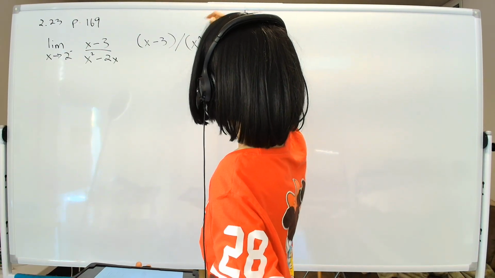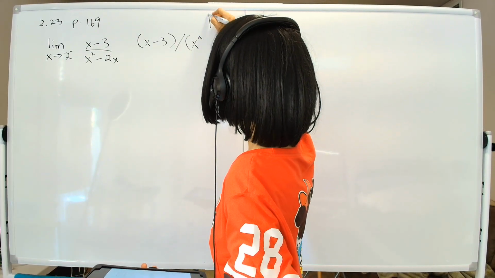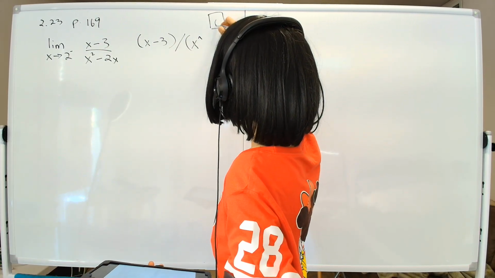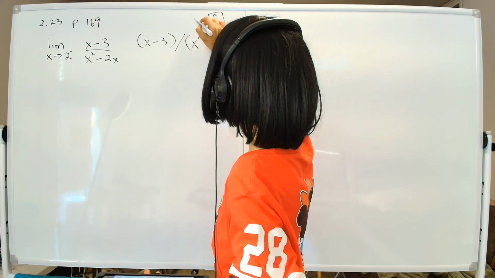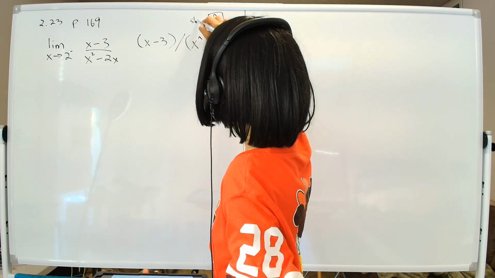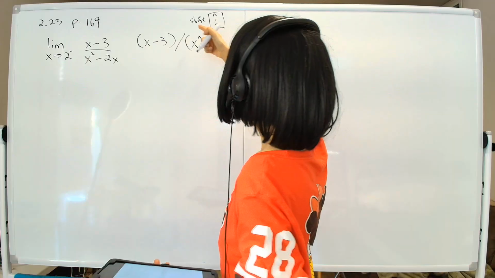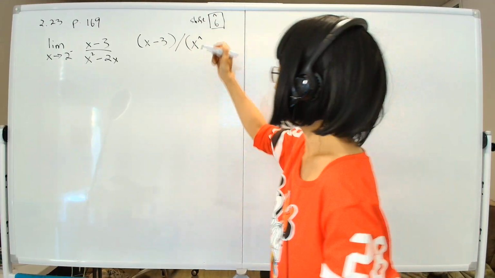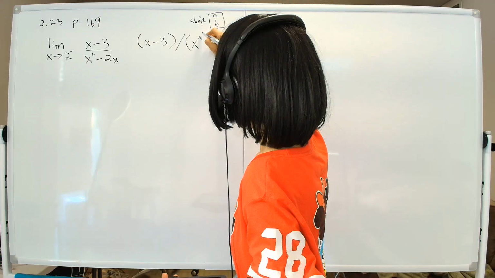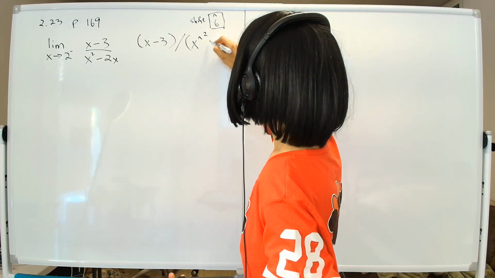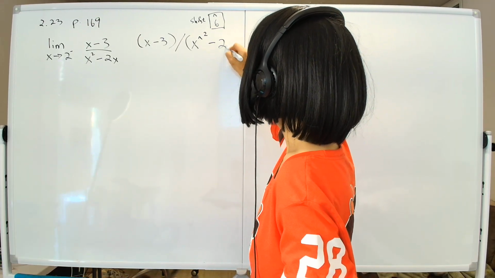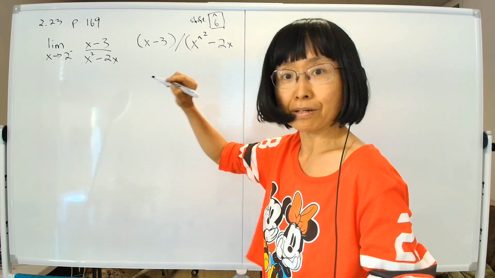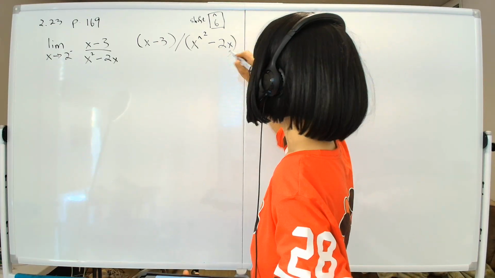The button for that is the 6 button. You have to push shift, and shift-6 will give you the raise-to-the-power button in math. And then push 2 and then type in minus 2x. You don't have to type in multiply or anything. This thing is super smart.